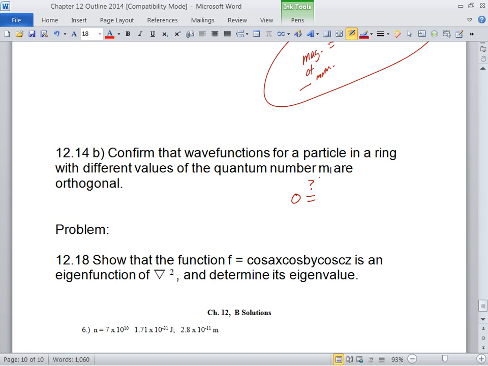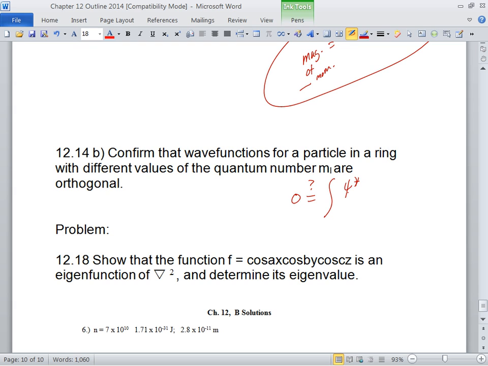Is it the integral of psi star? There it is. Integral of psi star. Zero at the bottom. I don't think you should put a 0. I think you should put two little letters you can use for two different things, like A and B. Just say that two things are different.